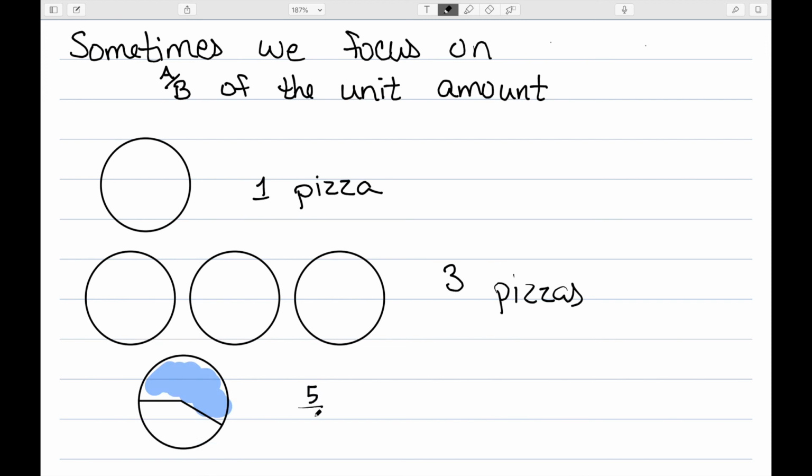If we wanted to think of 5/8 pizzas, we would think of it as a number of pizzas. So instead of focusing on the fact that we have 5 parts, each that are about 1/8 of a pizza, we would think of it as just having 5/8 of a pizza. So we focus on it as an amount of pizza that we have, rather than the number of individual pieces and their size.